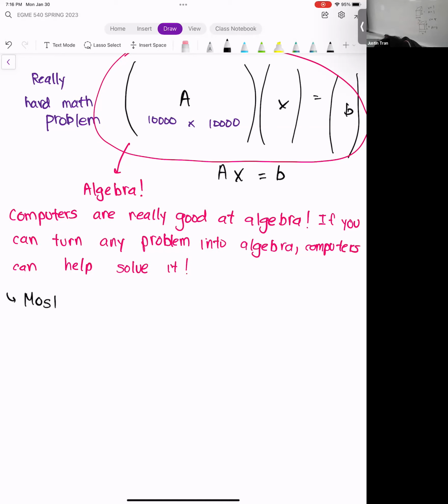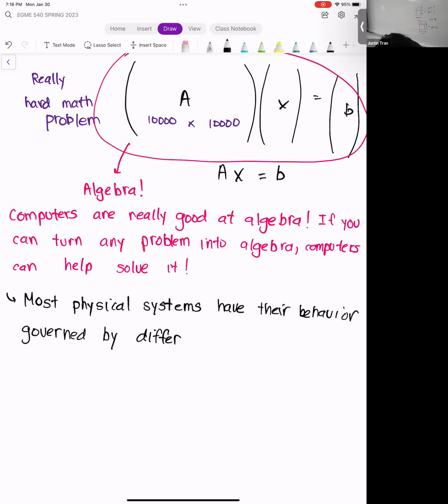What people came to know is that most physical systems have their behavior governed by differential equations.